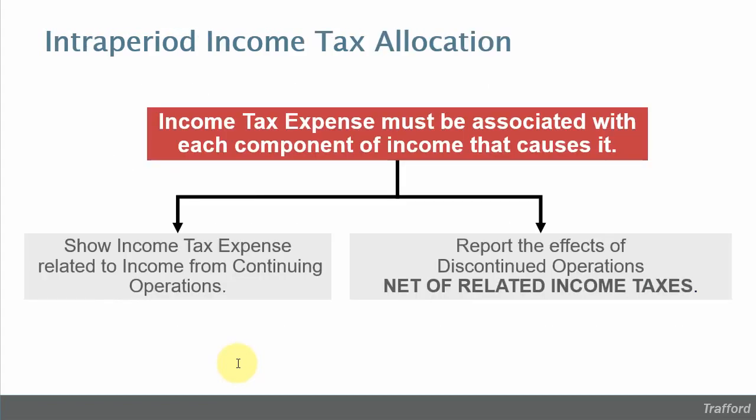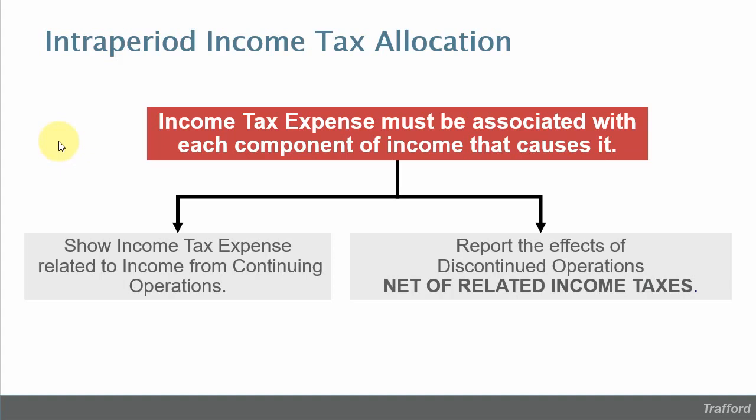One important aspect of reporting discontinued operations in a way that it will be useful for the reader of financial statements is that we have to do what's called intra-period tax allocation. And basically that means if we want the business to know what income from continuing operations is, or what income would have been if the company did not have that business component that they sold, then we need to show income from continuing operations net of the tax effect of that income, and we need to show tax expense separately on the results of discontinued operations.